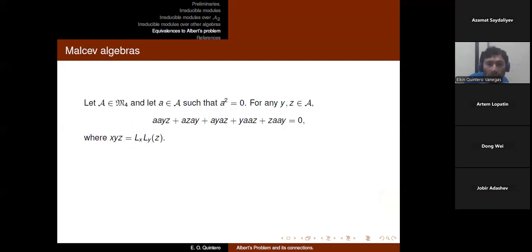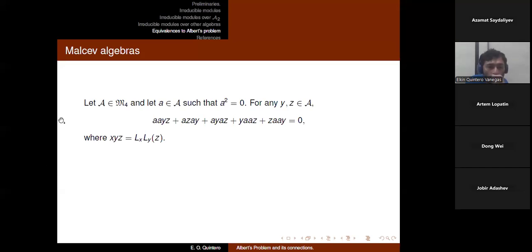And another way that we are exploring is to connect nil algebras with another class of algebras, in this case Maltsev algebras, with the idea to connect with the Albert problem.